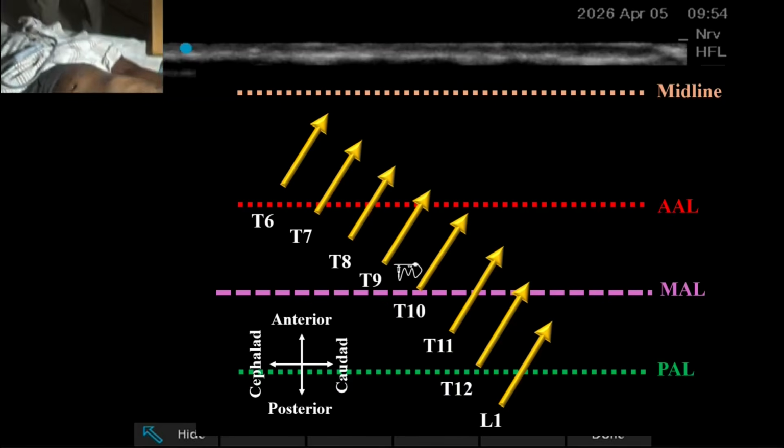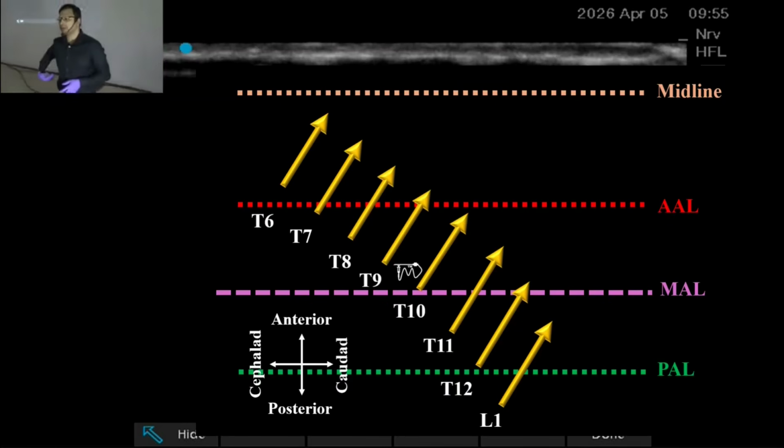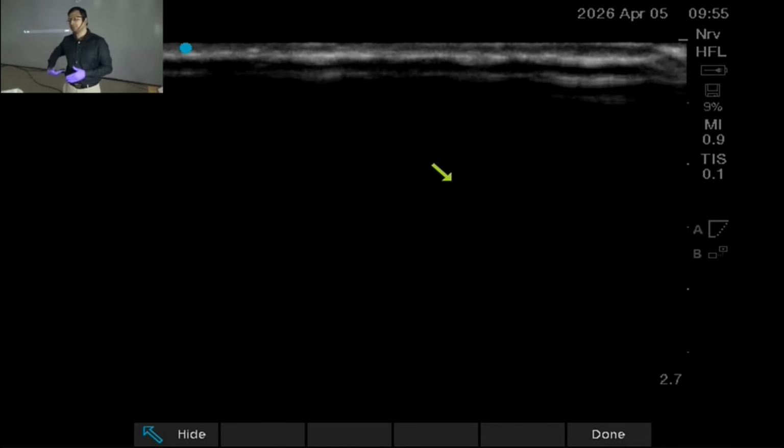T6 to T9 enter the TAP plane almost near the anterior axillary line. So if we go posteriorly to a mid-axillary line TAP block, we may miss all those nerves. When you are giving the subcostal TAP block, you are going more posteriorly. More anteriorly, when we are doing a rectus sheath block, we are losing those lateral cutaneous branches; we are blocking the anterior cutaneous.